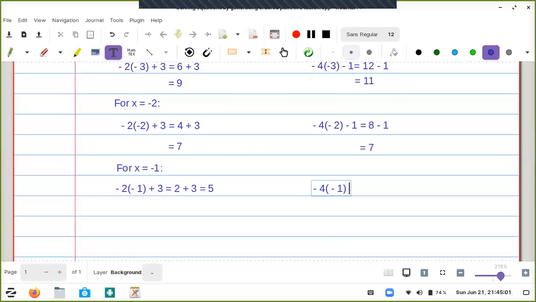Then we subtract 1, which then gives us -4 multiplied by -1. We get +4. Then +4 minus 1, and it will then give us 4 minus 1, that's 3.